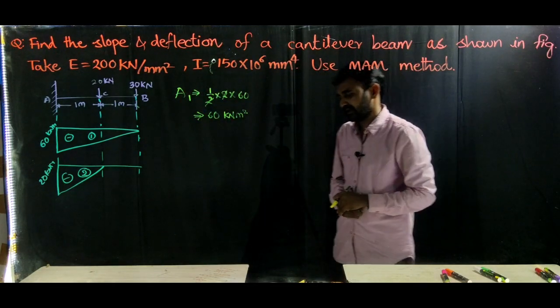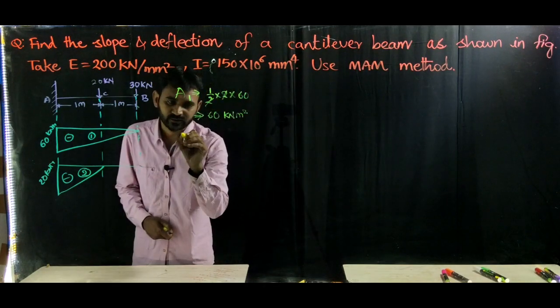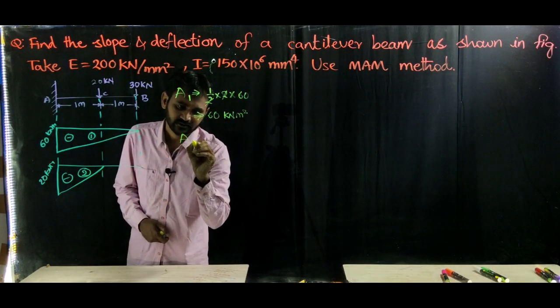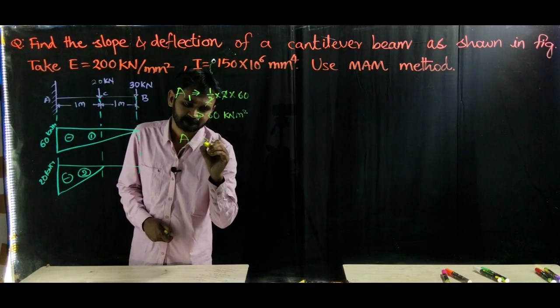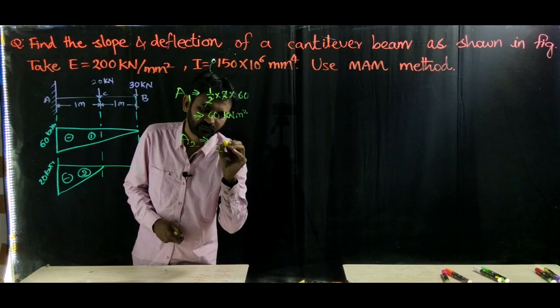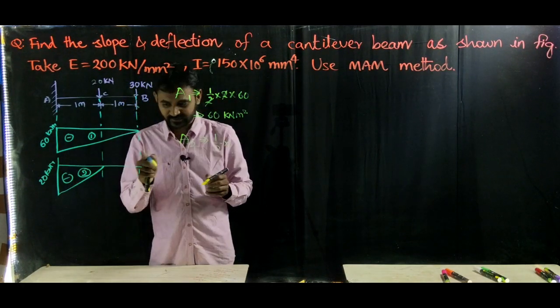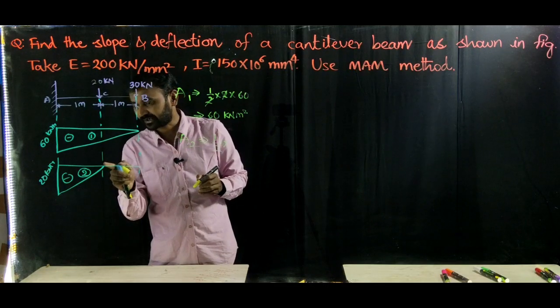Similarly, you have to calculate A2 also. That is also a triangle. So same, half into base into height. So 1 by 2 into, what is the base here? Only 1 meter. I should not consider this part because the load is coming from here.